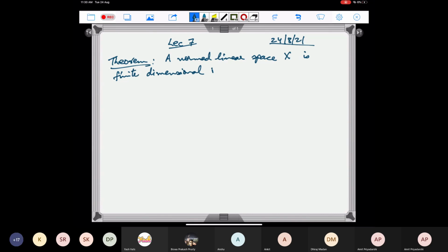Okay, so this is if and only if the closed unit ball is compact. So one way is that if it is finite dimensional, then it is compact.